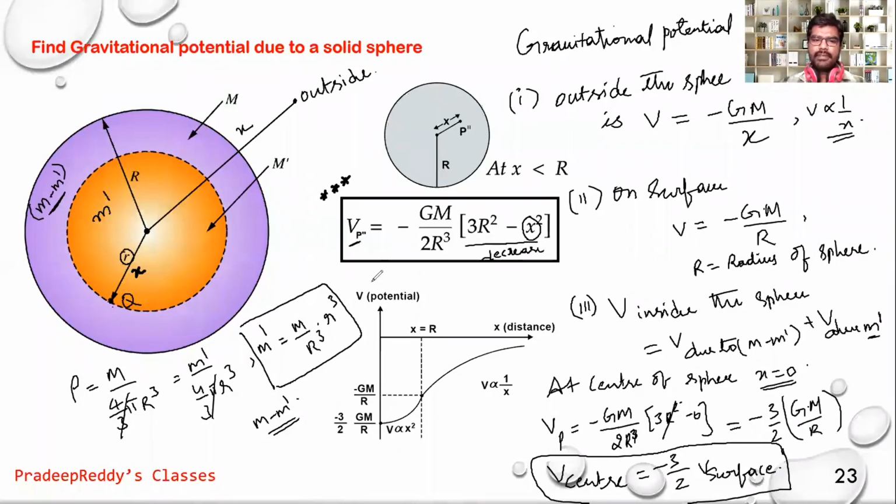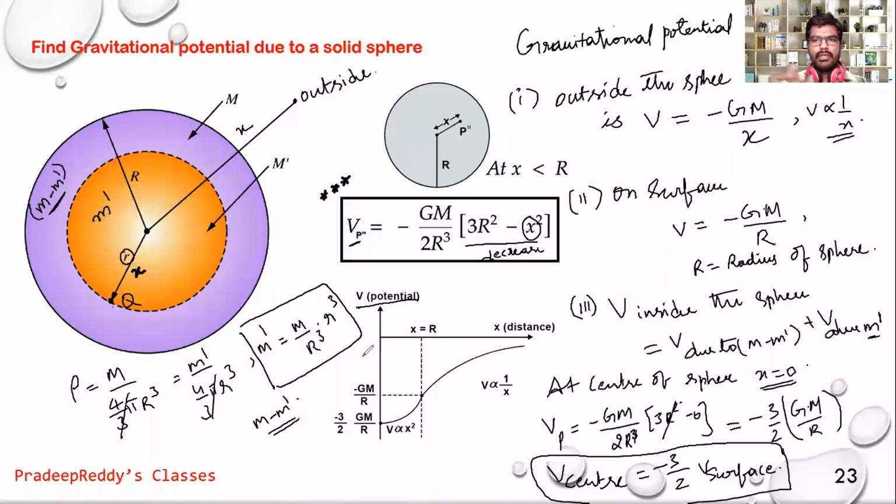So if you plot the graph for this, V gravitational potential, here we are not neglecting this negative sign. In the previous graphs, I have just plotted magnitude. So the negative sign I did not consider, and I plotted the graph in the first quadrant. But now in this graph, I am not neglecting that negative sign. Therefore, you will get the graph in the fourth quadrant because gravitational potential is taken to be negative.